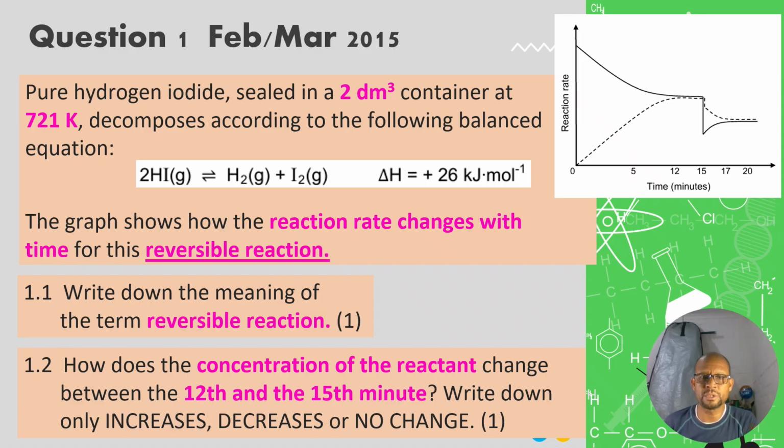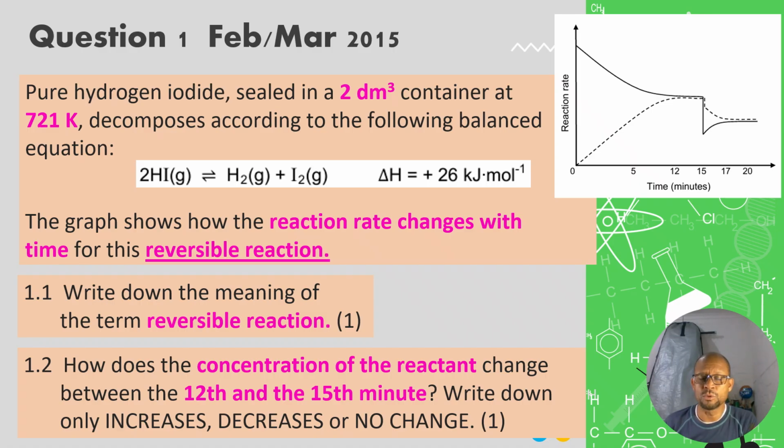Anyway, before we continue with the second part of the question, we're going to look at the equation. In this case, we can see that the hydrogen iodide, there's 2 moles of that, it decomposes and it produces hydrogen gas and iodine gas. Now take note that the hydrogen gas and iodine gas are in a 1:1 mole ratio.